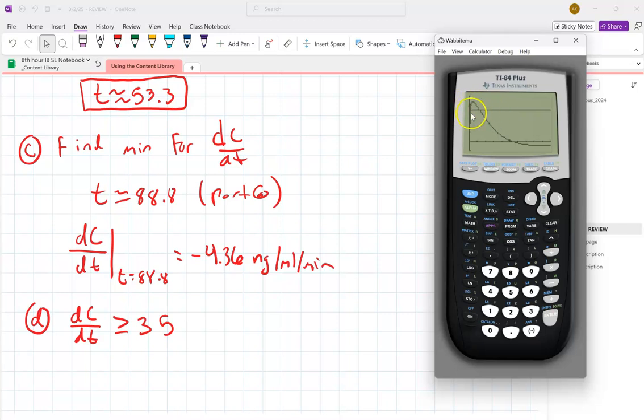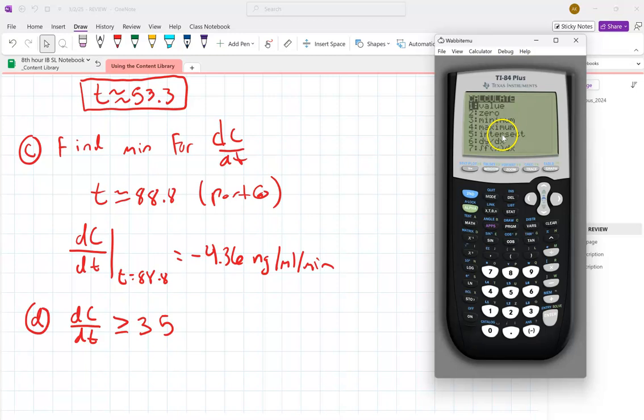It looks like everything is happening between 0 and 20, so I'll set that to make it easier to see. I need to grab both intersections. This is dC/dt, this is the line 35, and the section we're interested in is where dC/dt is above 35.